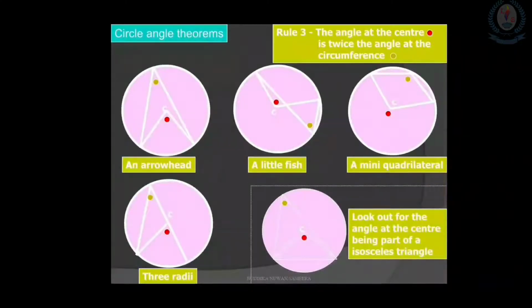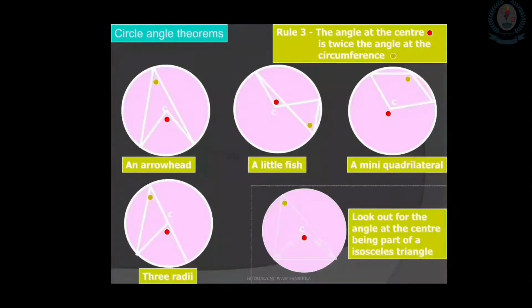In addition, you know that the angle at the center means when you join the center to the circumference, a radius is formed. So those two lengths are always equal. That means it always produces an isosceles triangle.